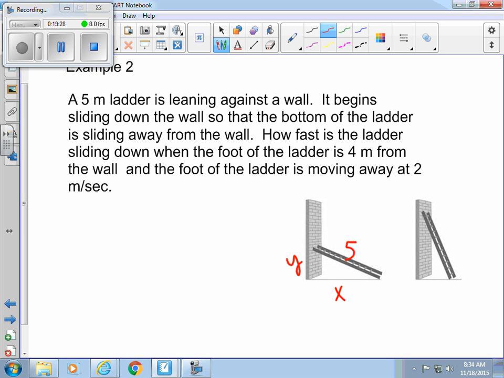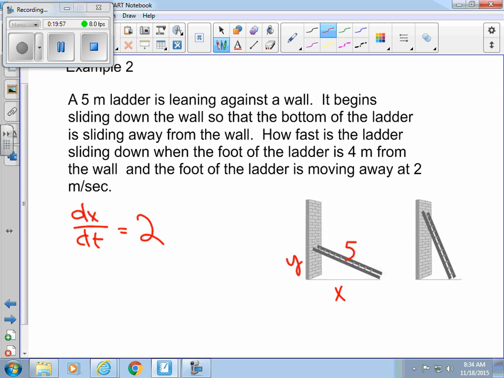So now based on that picture, what do I want to know and what do I know? The foot of the ladder is moving away from the wall at 2 meters per second, right? So which variable is that? X. So dx/dt is 2.